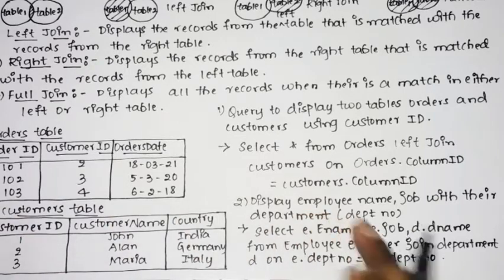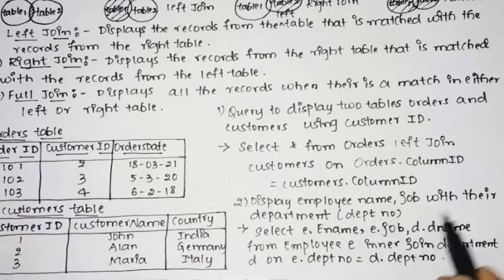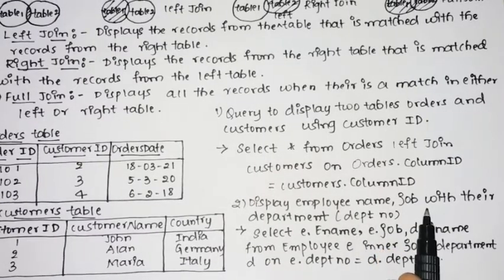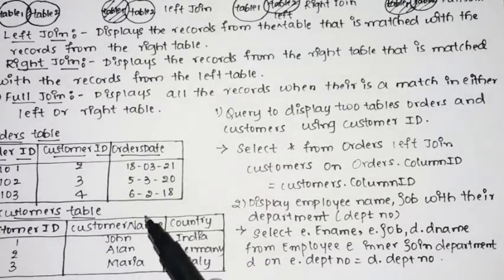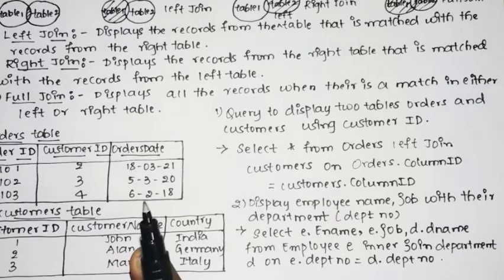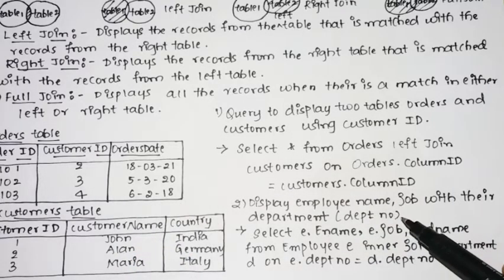So here you are going to display the employee name as well as the job with their department. Both of them have a common department number, and you need to join those. There are two tables, employee as well as department, and from both the tables we have a common column, that is department number. So we need to display that common column.